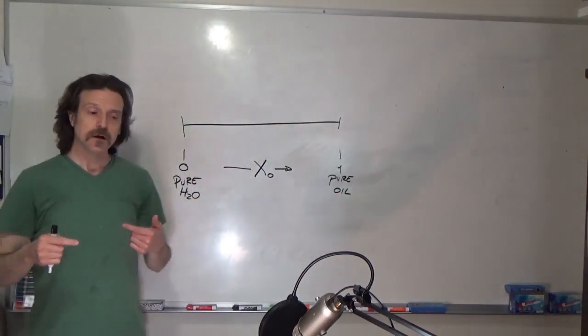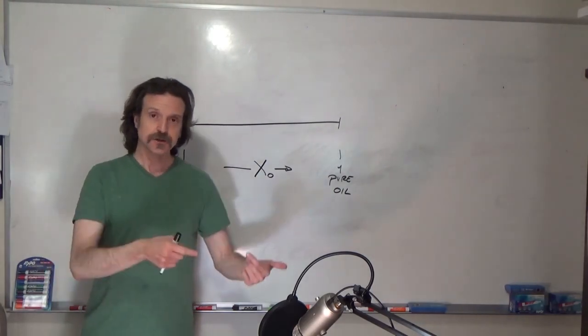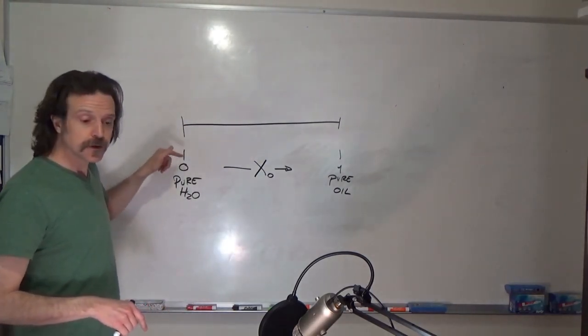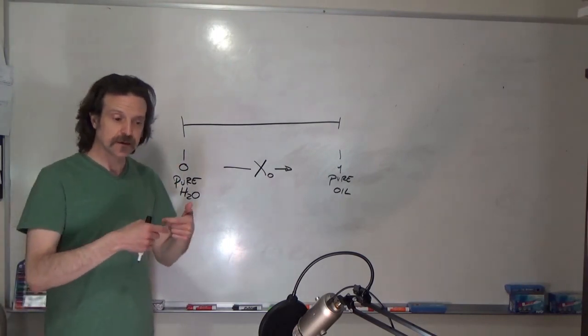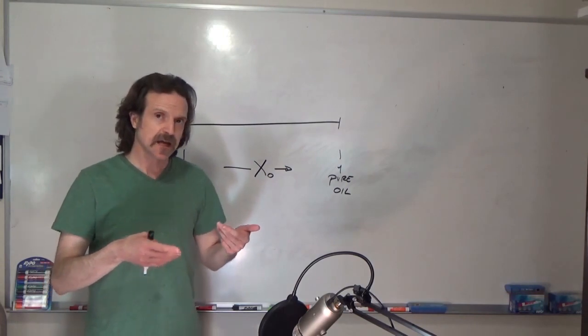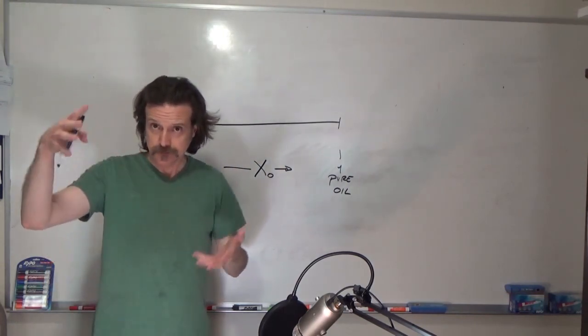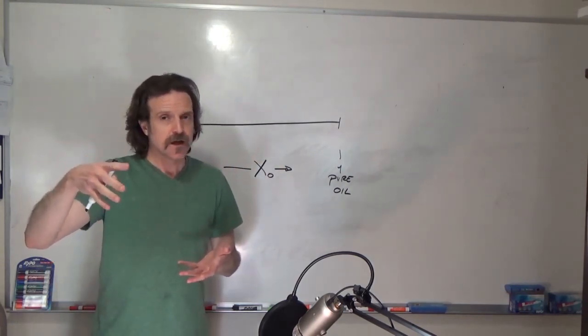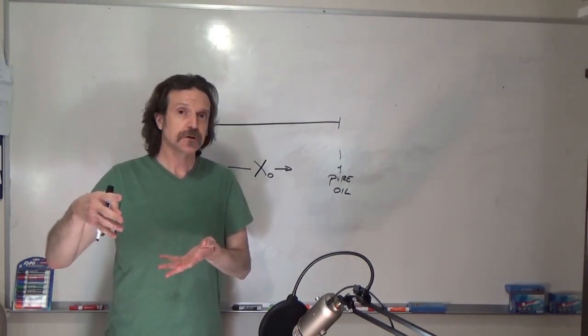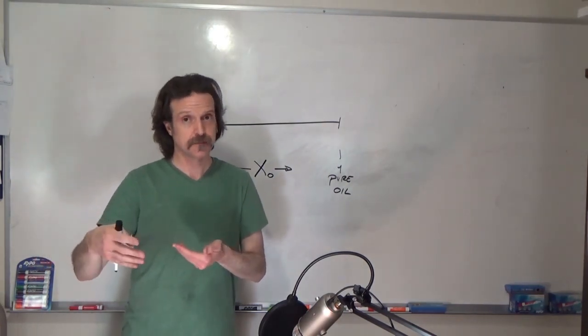Now, if you imagine a case which is pure water, you can also imagine putting in a couple molecules of oil. And a couple molecules of oil in a system of water, they go into solution. They don't separate out. So there's a degree of solubility.